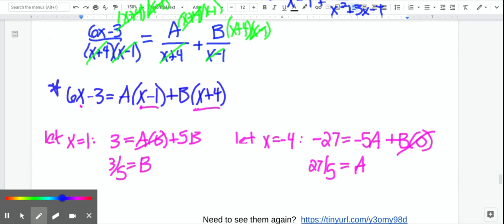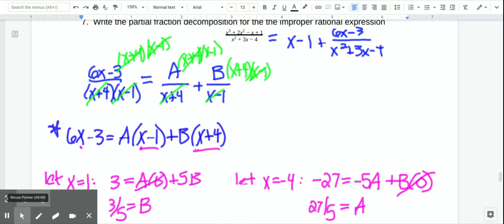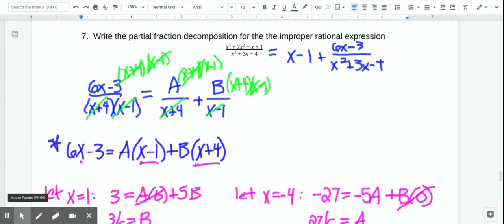All right, so let me show you how to write this answer. This one's a little bit different. So remember, coming up here, we still have that x minus 1. And then we split this into A, which we said was 27/5 over x plus 4. And then we had B, which we said was 3/5.